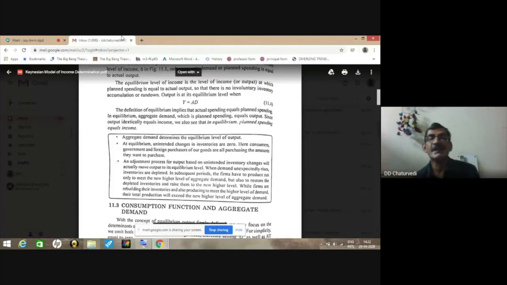And the third point is that the adjustment process for output based on unintended inventory changes will actually move output to its equilibrium level. So it means in case the economy is not at equilibrium point E, then the adjustment process will start and unintended inventory changes will take place and the output will come back to the equilibrium level, and that is point E.